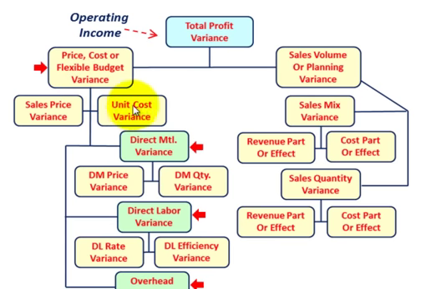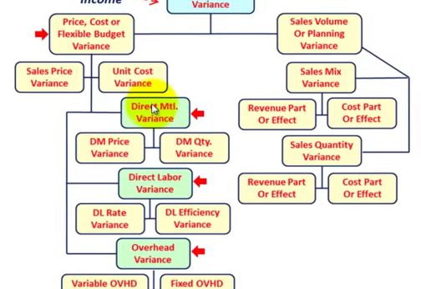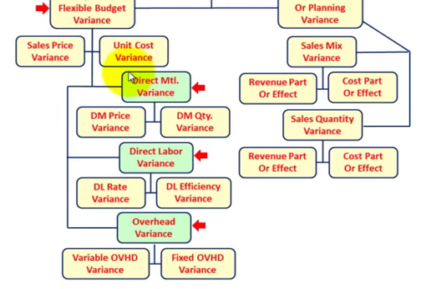Then we have the unit cost variance and a sales price variance. Our direct materials ends up under the unit cost variance, along with our direct labor and overhead variances. So that's where we're sitting. For our direct materials, we're going to have direct material price variances and direct material quantity variances. Okay, we'll go on from here.